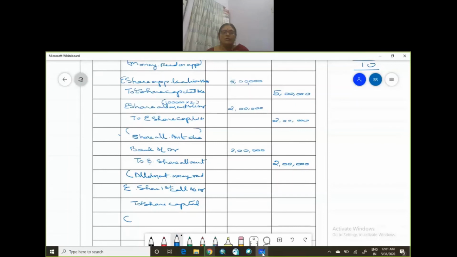So what's the narration for this? Being first call amount due. Fine. How much is due? Again, it is 2 rupees, isn't it? So 1 lakh into 2. So that is 2 lakhs again.